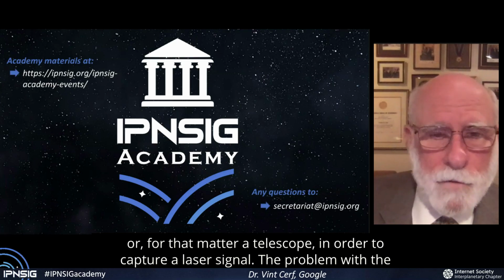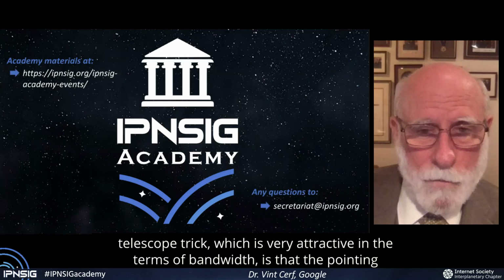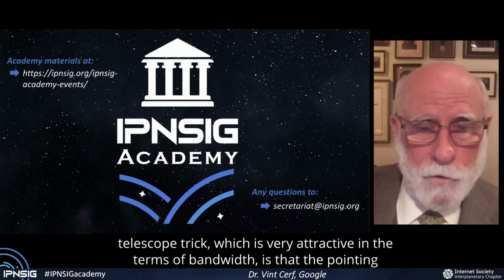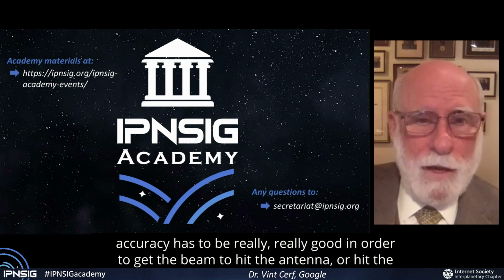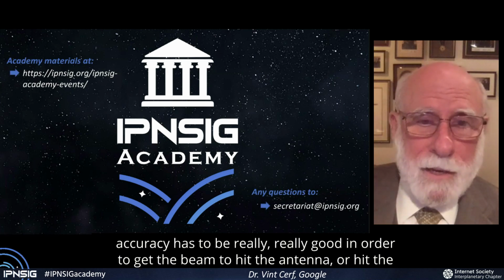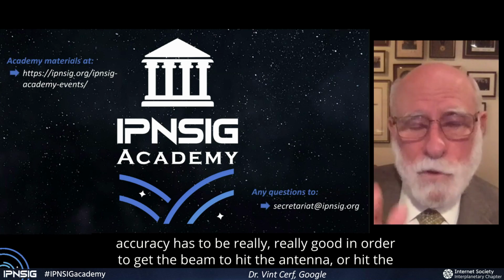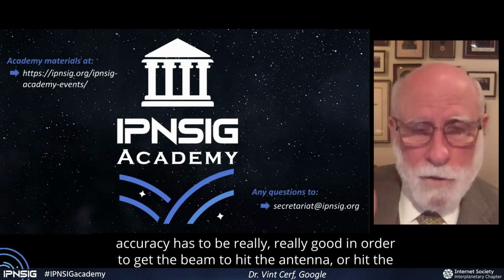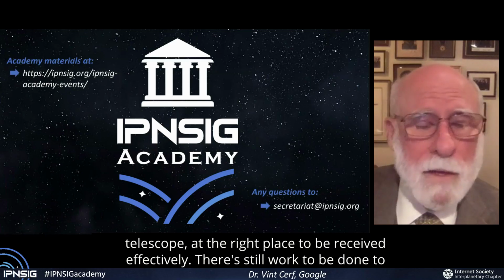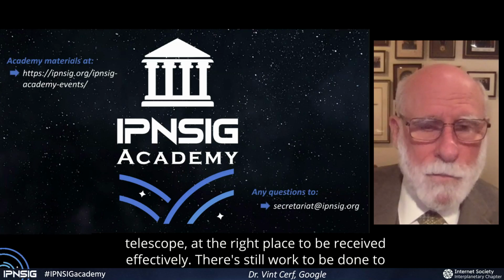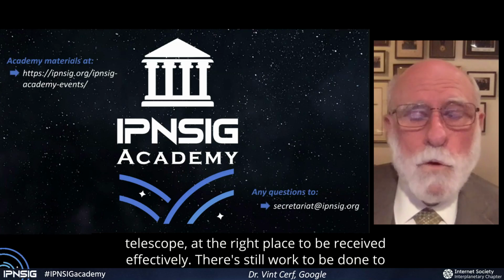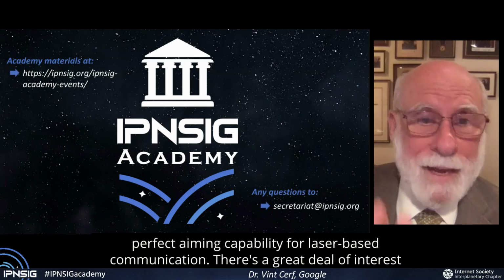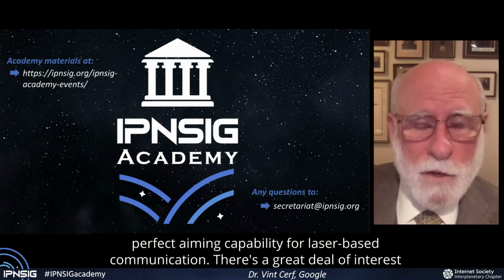The problem with the telescope trick, which is very attractive in terms of bandwidth, is that the pointing accuracy has to be really good in order to get the beam to hit the telescope at the right place to be received effectively. So there's still work to be done to perfect aiming capability for laser-based communication.